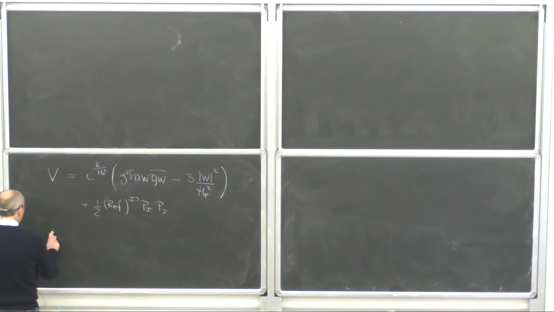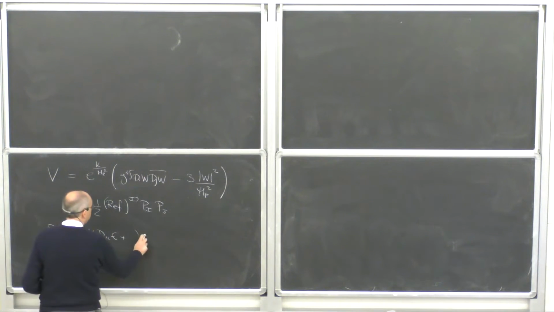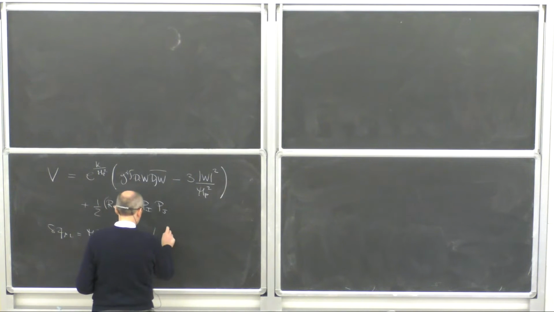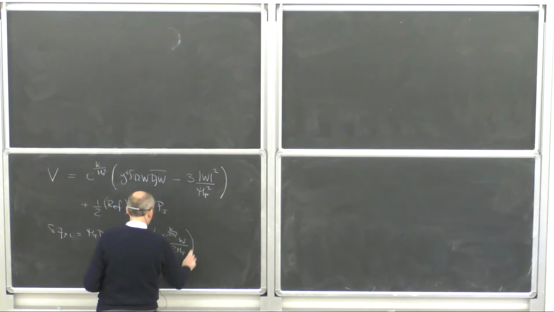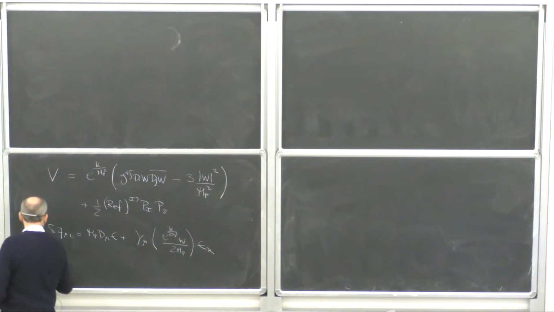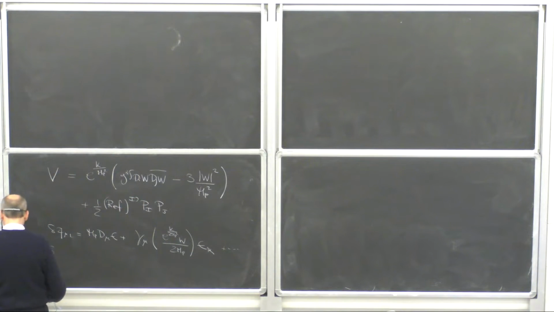And you can see that if you look at the supersymmetry transformations, the gravitino has a supersymmetry transformation of this form, plus, of course, whatever else, but this is the part that interests me.